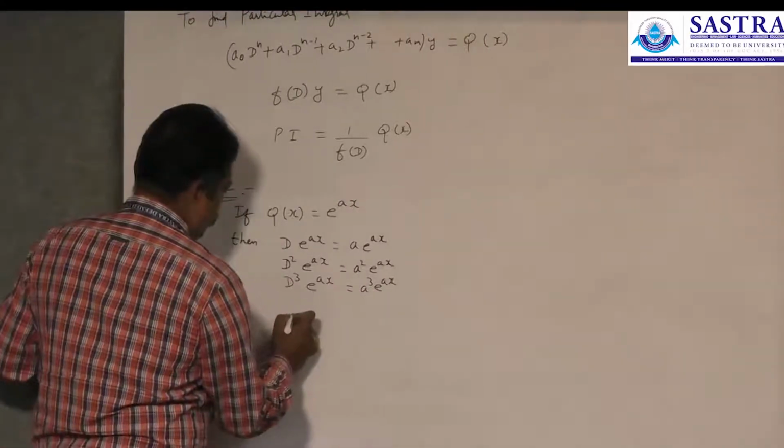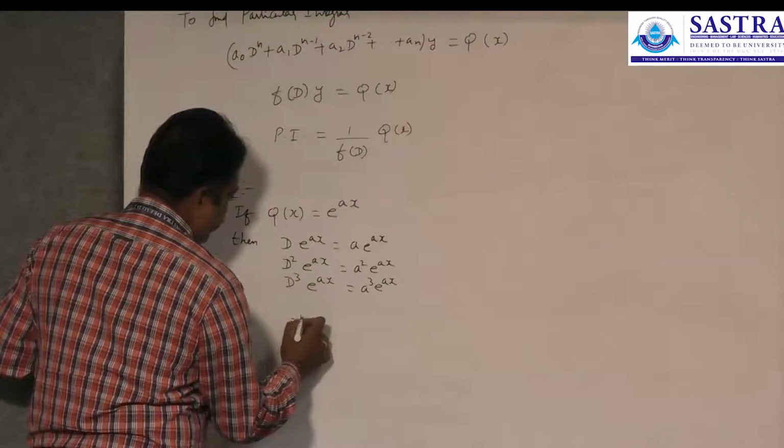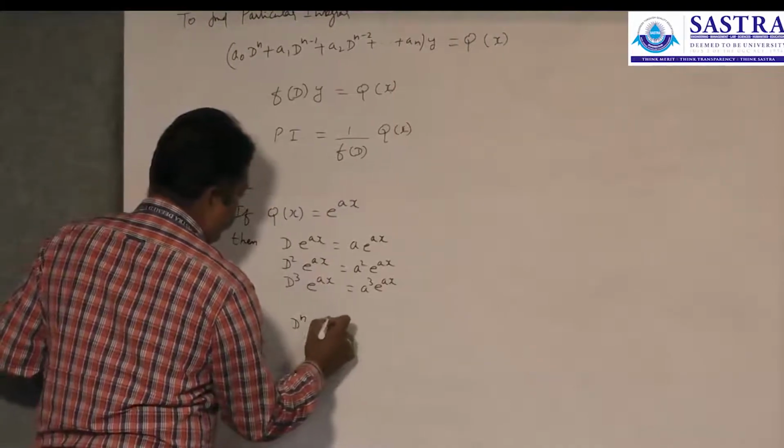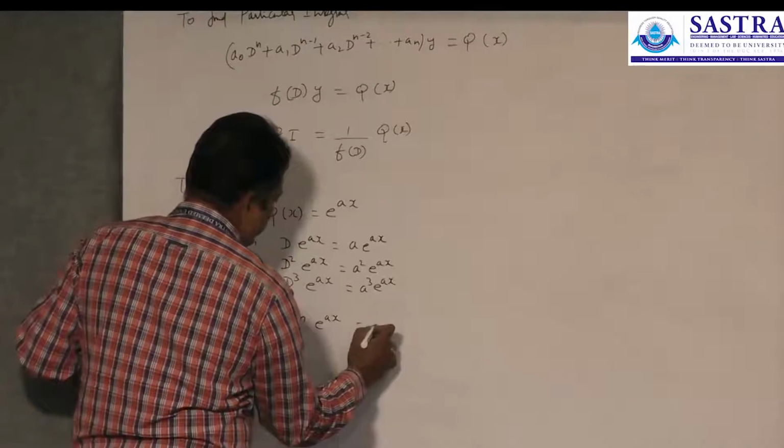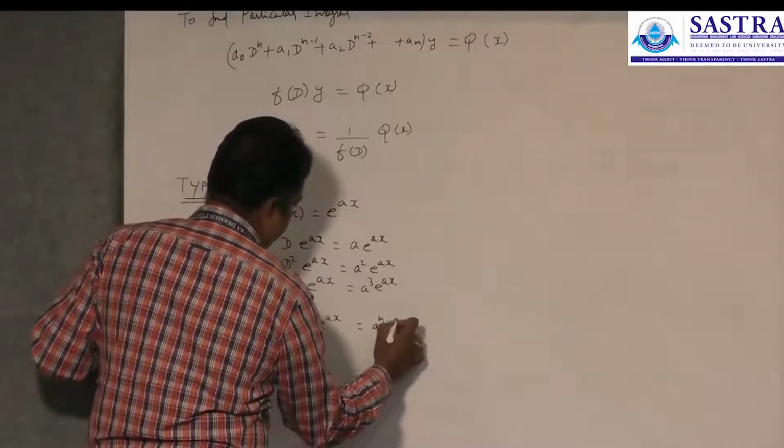Continuing in the same manner, if you operate D^n upon e^(ax), we get a^n e^(ax).